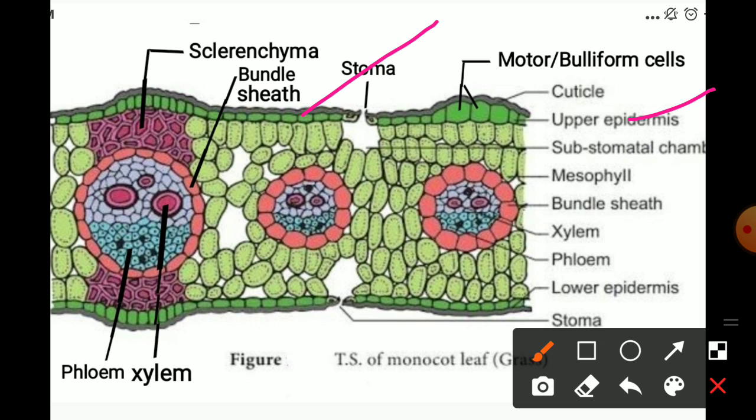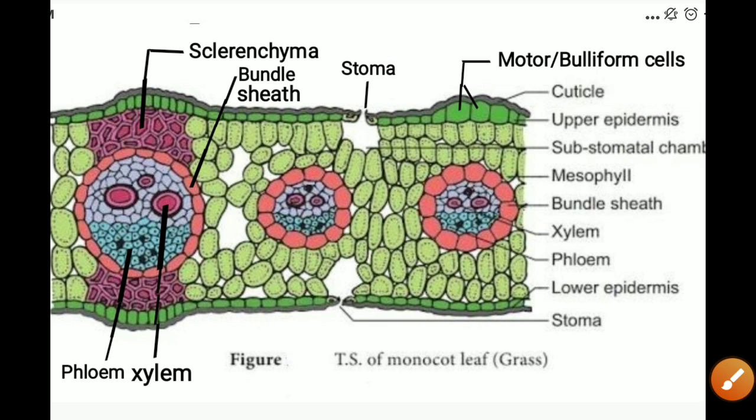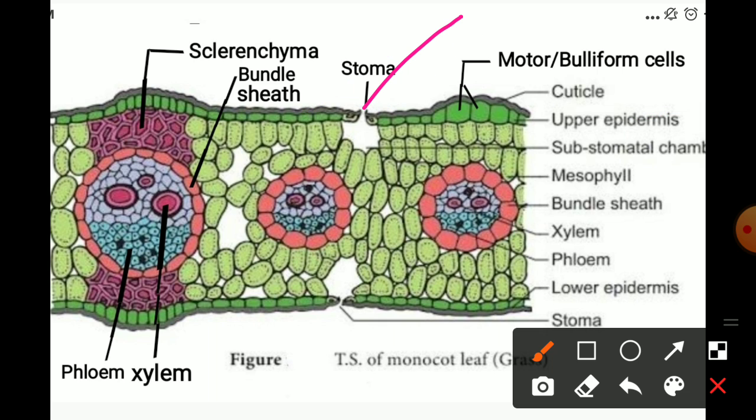This epidermis is composed of a single layer of cells which are compactly arranged without intercellular spaces, except at the places where there is a stoma, singular stoma, plural stomata.